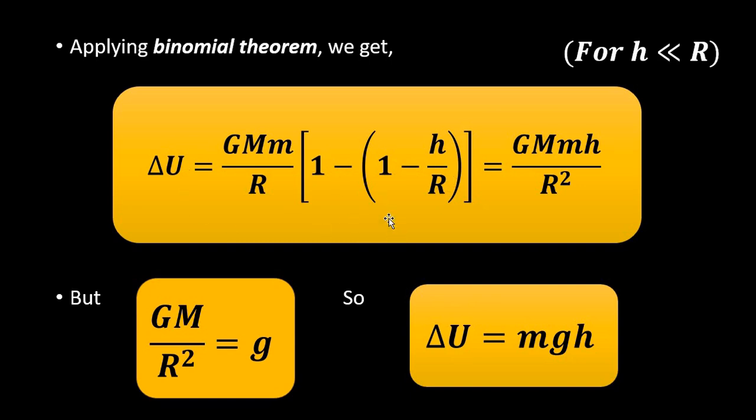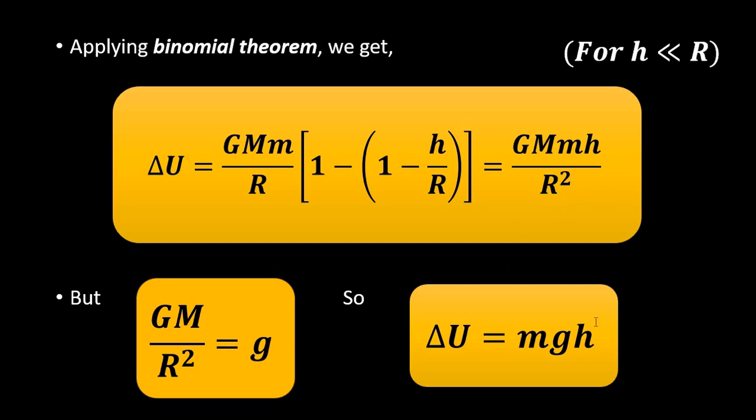Everything else is the same. So 1 gets cancelled, minus minus becomes plus, and we get h by R. So we have capital G, capital M, small m, h by capital R square.